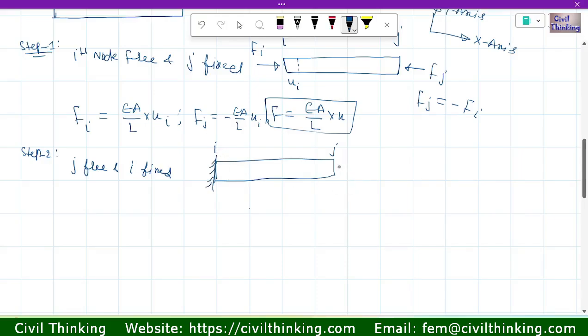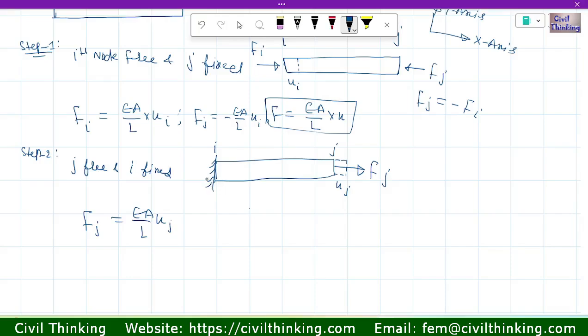Now let us say there is a force here at J and it is equal to Fj. For Fj we will write EA by L times U. Because Fj will displace J, let us say Uj is the displacement of J, so it is going to be Uj. Now when we talk about I, there will be a reaction, because this is a fixed support.